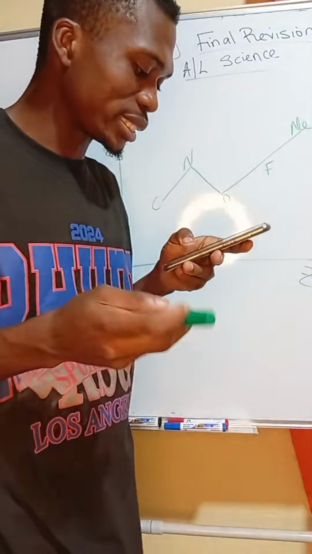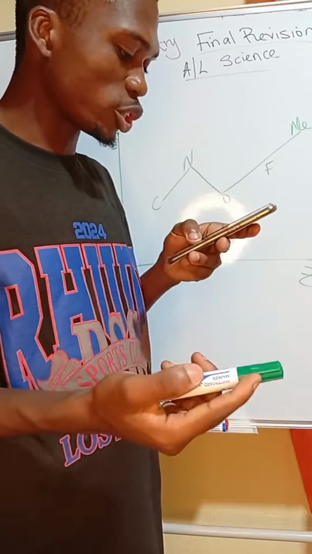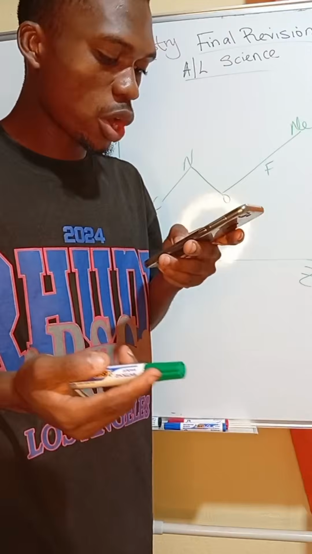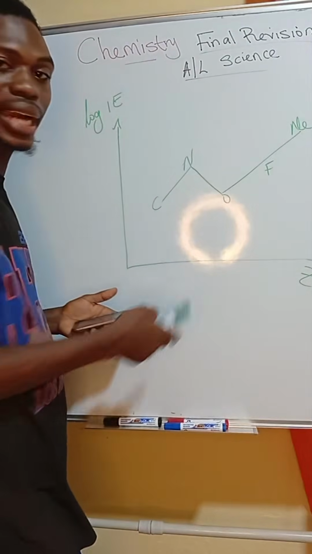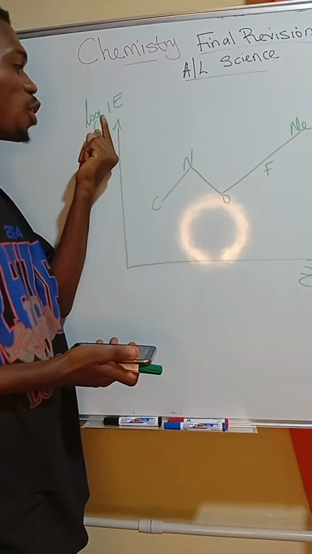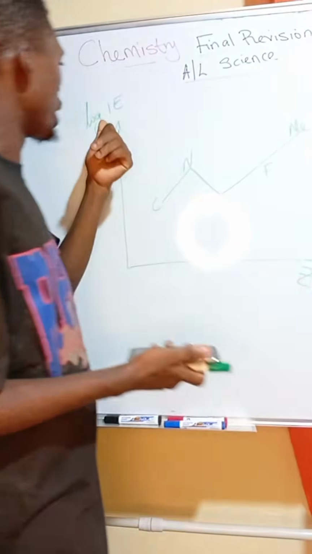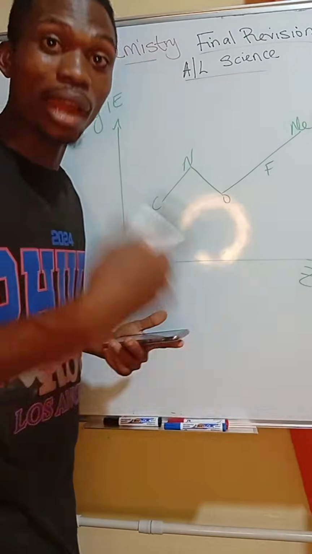Now that's why they say state and explain why nitrogen and neon are found at the same position on the graph. This graph shows the variation of log IE against atomic number Z. Now I want you to know the relation between IE and log IE.